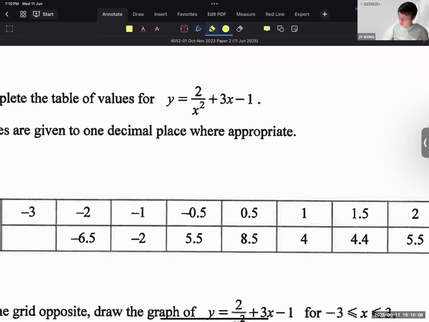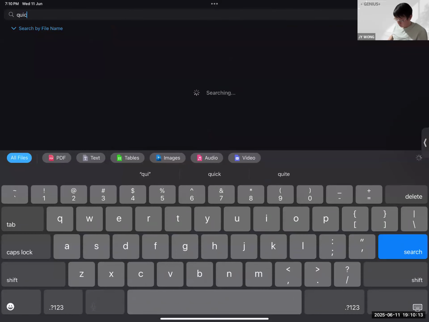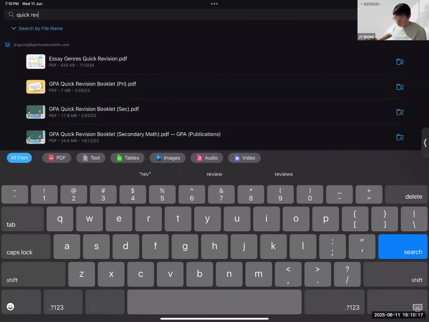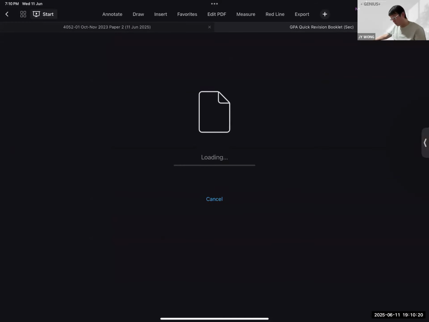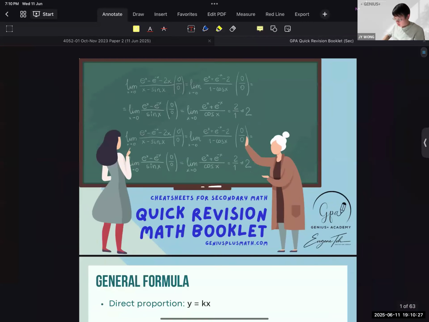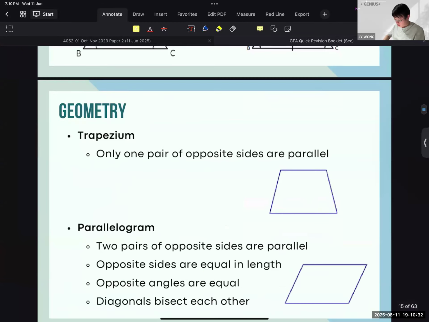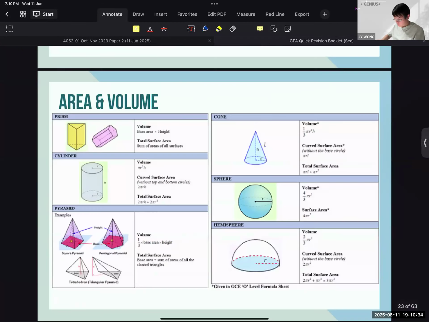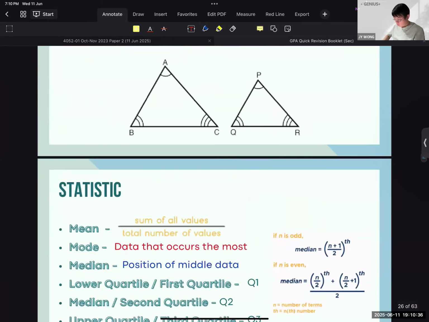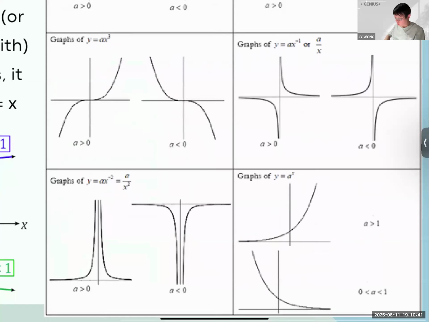What do we know about reciprocal graphs? There are two kinds of reciprocal graphs that you are supposed to know. What are the two types that you need to know?